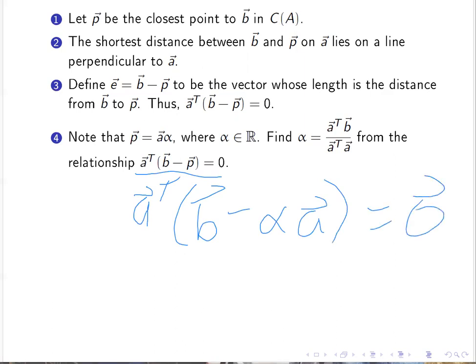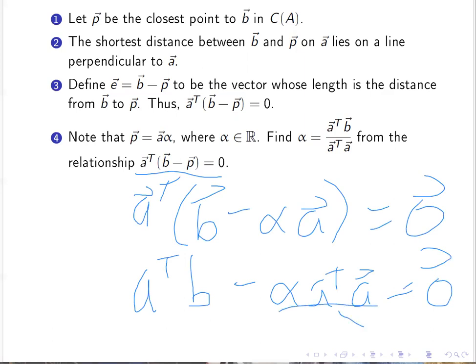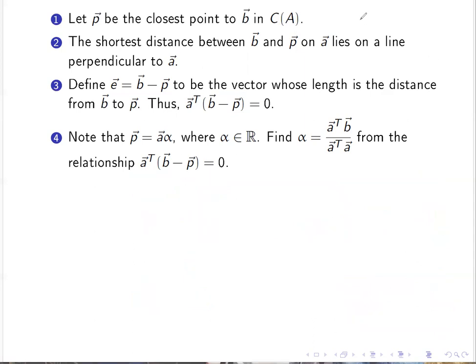If I distribute, I get A transpose B minus alpha A transpose A equals the 0 vector. I move it over, and then I can simply divide by A transpose A to get my final solution. So go ahead and play with that. If you don't believe me, look at it carefully.